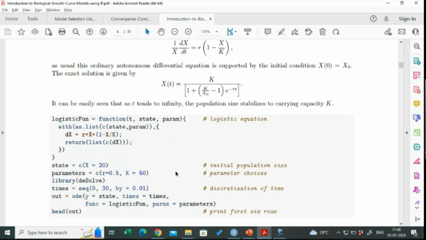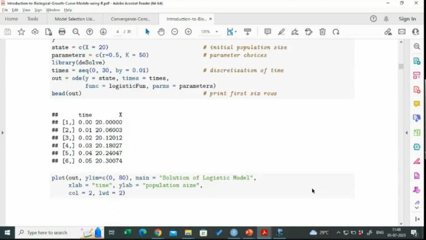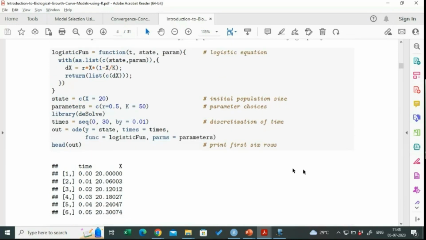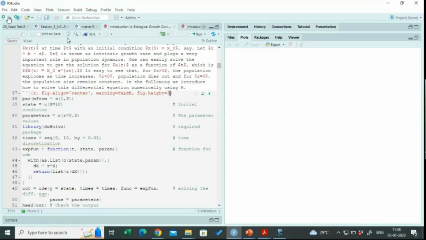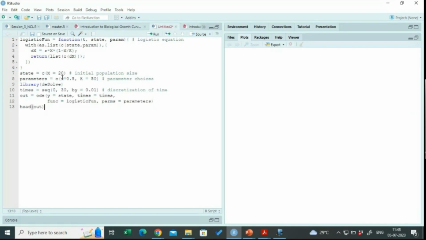And then you have to provide the times, and then you get an ODE solution of this function, and you print the first 6 rows. You just don't have to do anything else. Copy this whole thing, open up a new R script, paste it over here, and execute.